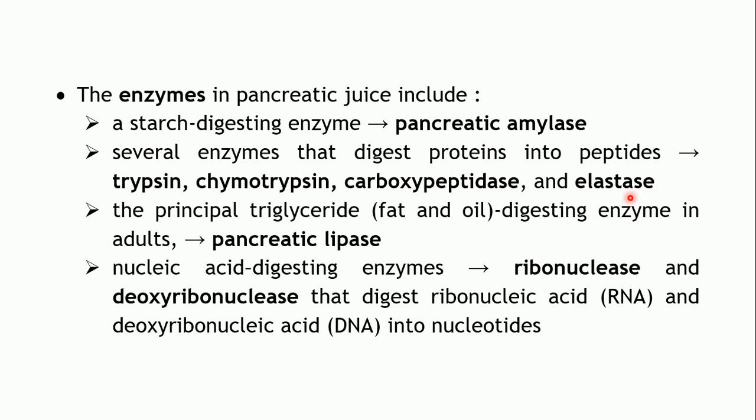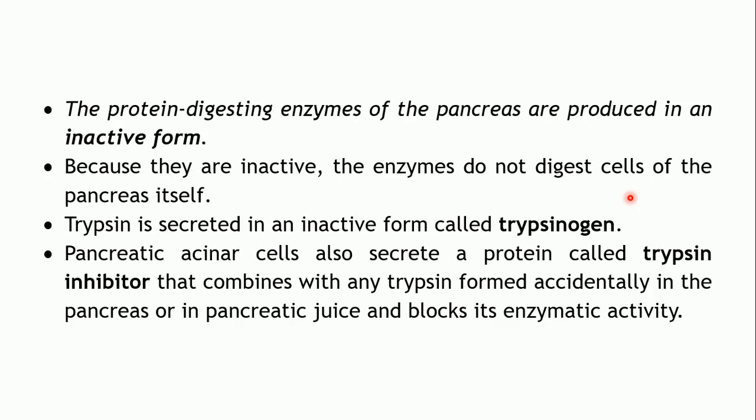They can even digest the cellular content of the pancreas itself, right? These are protein digesting enzymes, and cells comprise mainly of proteins. There are many protein components in the cells, right? So obviously, if these protein digesting enzymes of the pancreas were secreted in the active form, the pancreas itself would have been digested by these enzymes.